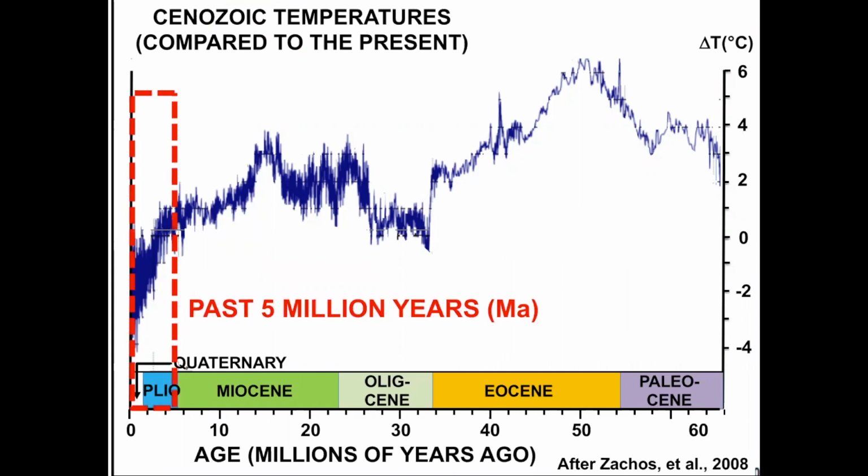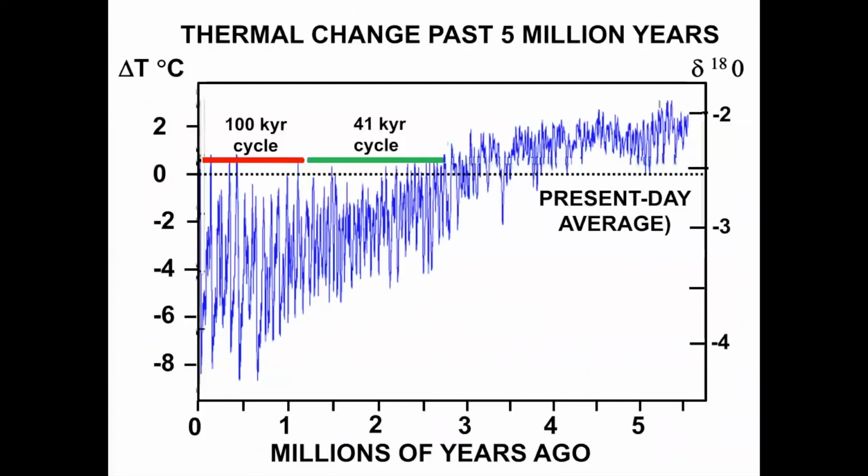And here we change our time scale again. We now go back to look at the past 5 million years. And this is a time that last week we talked about the Milankovitch cycles, a change from the 41,000 year cycles to the 100,000 year cycles, a general decline in temperature as we get closer and closer to the modern.